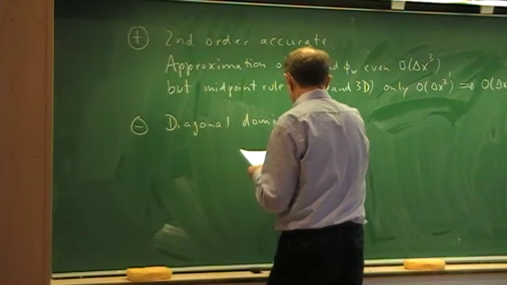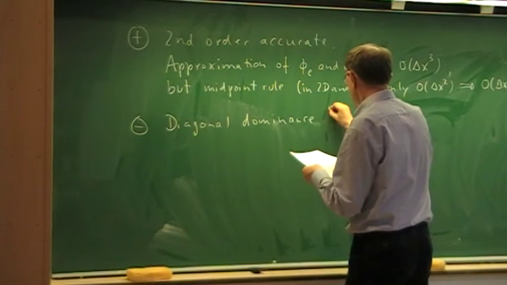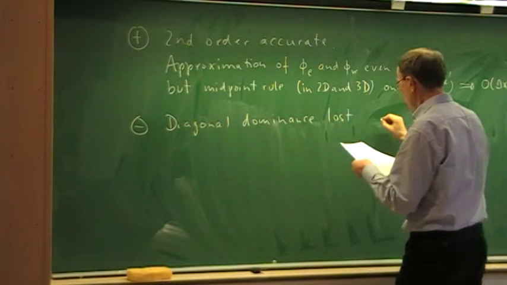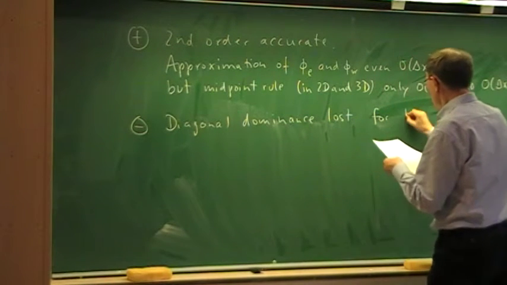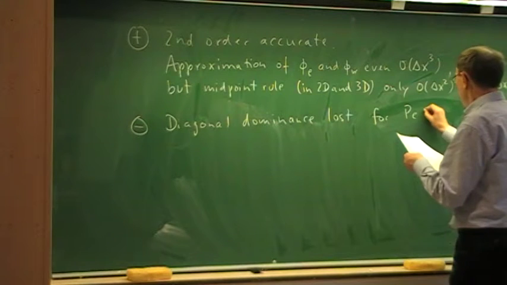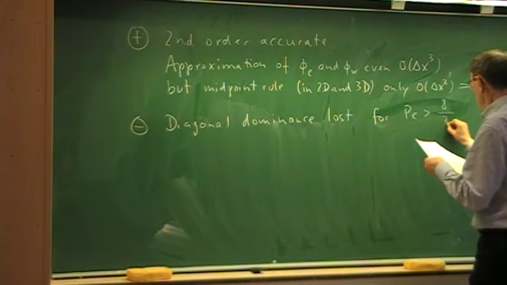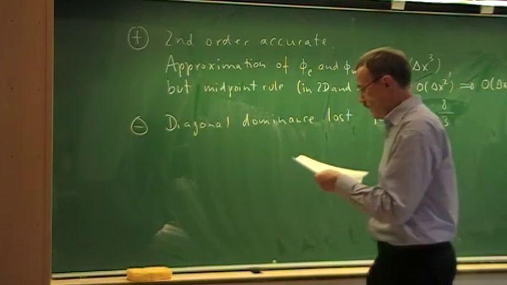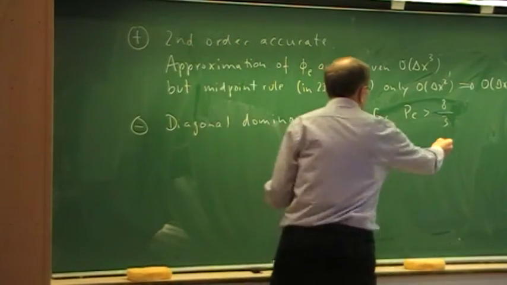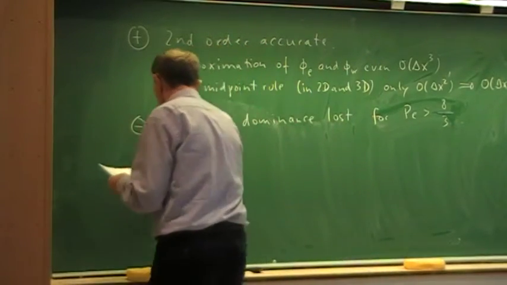That is something it shares with the central finite volume method for convection. It turns out that if the cell Peclet number is larger than 8 divided by 3, 8/3, then diagonal dominance is lost, which is a disadvantage.